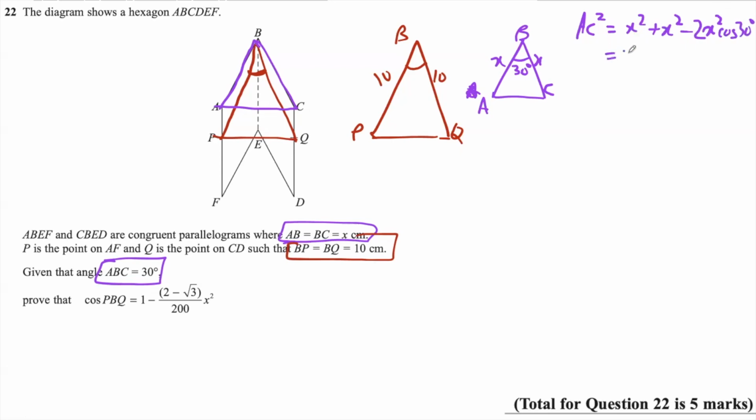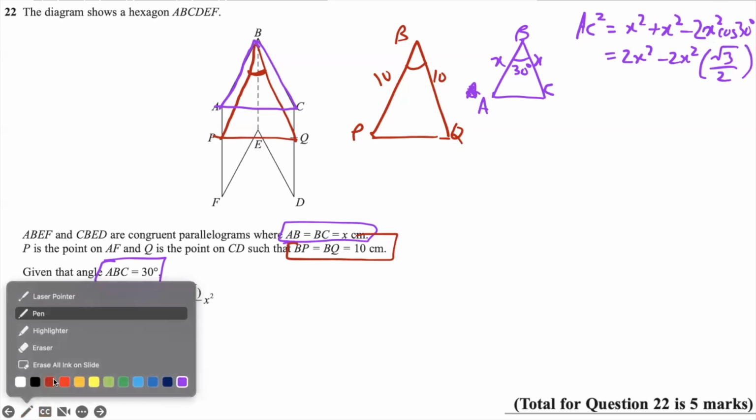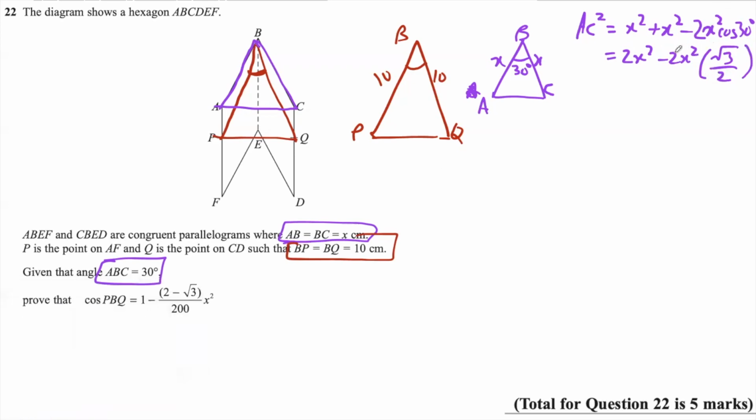Okay, so this is 2x squared minus 2x squared cos 30, which is, because this is paper 1, we cannot use a calculator, so this is root 3 over 2. Now you can see that there is a 2 here and 2 here, so 2x squared in the numerator is being multiplied with root 3 over 2, where 2 is a denominator. So 2 and 2 cancel out.